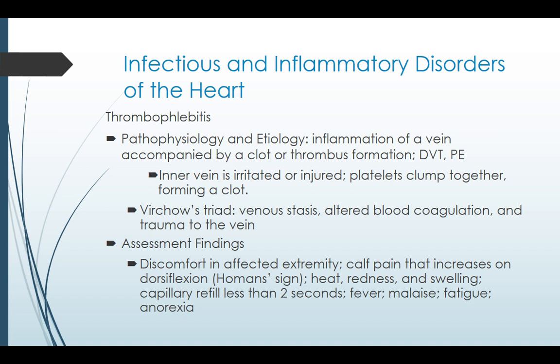Virchow's triad is. Assessment findings: discomfort in the affected extremity, calf pain that increases on dorsiflexion. This is called the Homans sign. You push the foot up towards the shin rapidly, and it causes pain in the leg, in the calf.